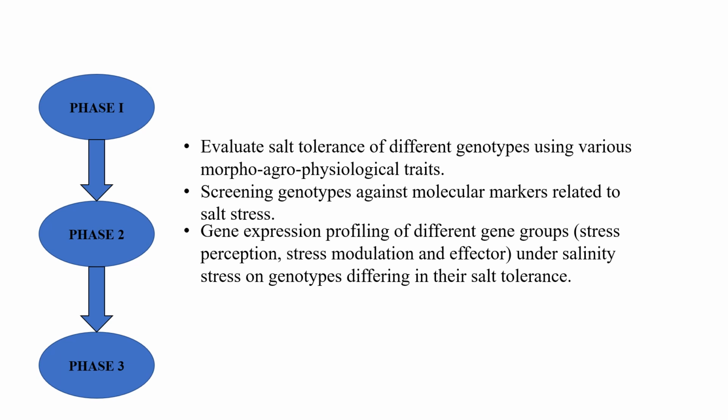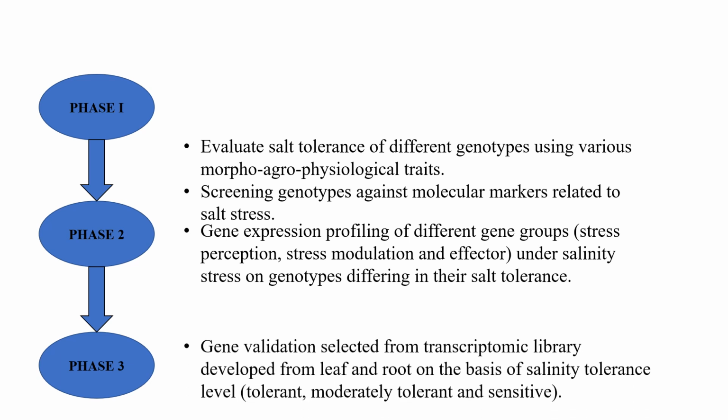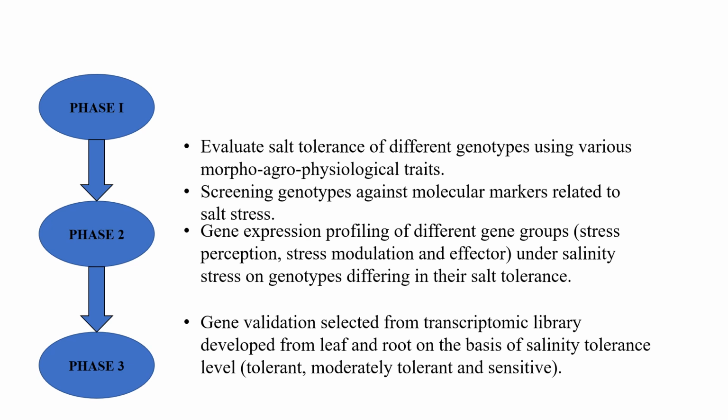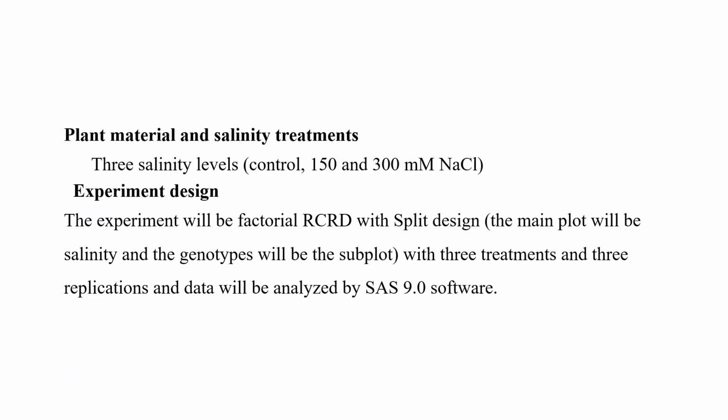In the second phase, gene expression profiling of different gene groups: stress perception, stress modulation, and effects of stress on genotypes differing in their salt tolerance. Gene validation selected from the transcriptomic library developed from leaf and root on the basis of the salinity tolerance level that we are using in our studies.